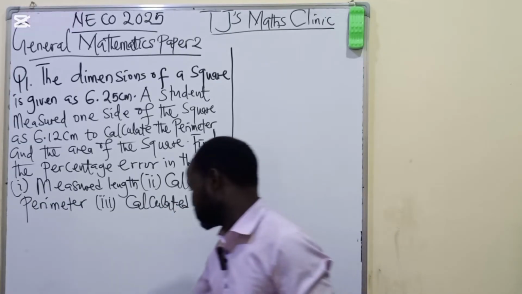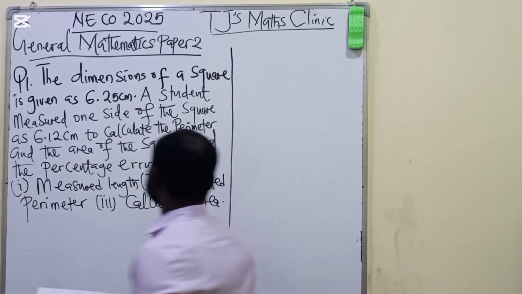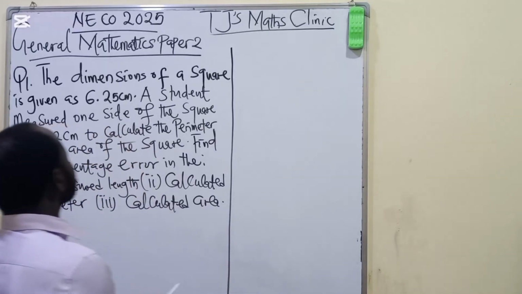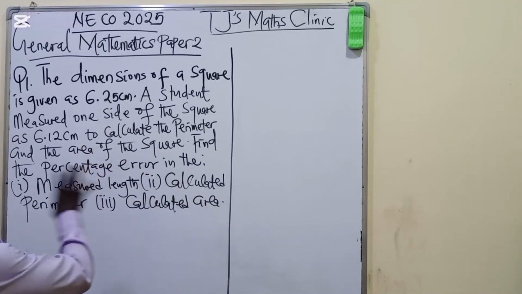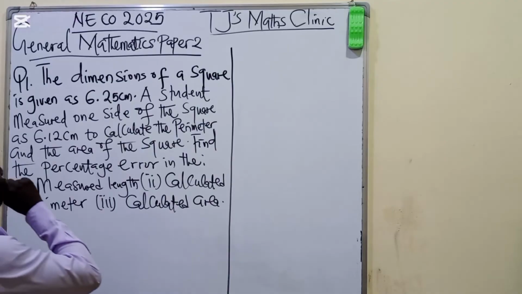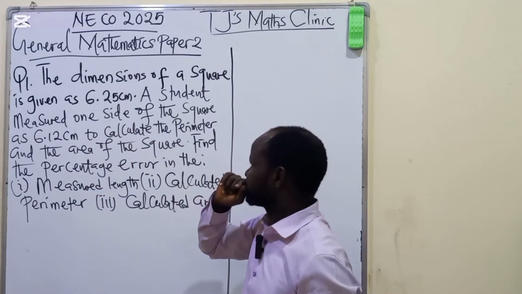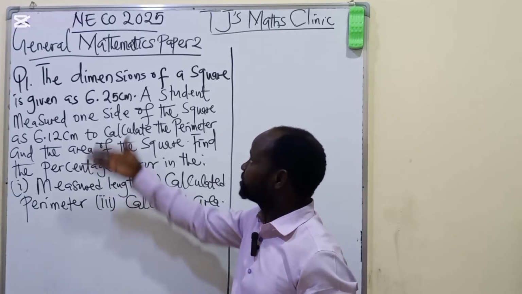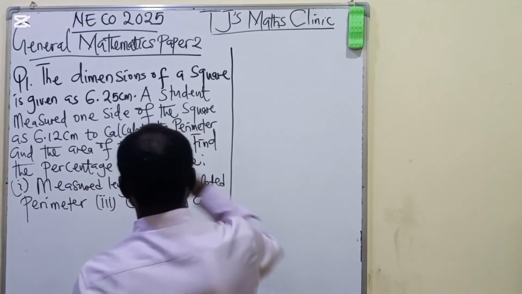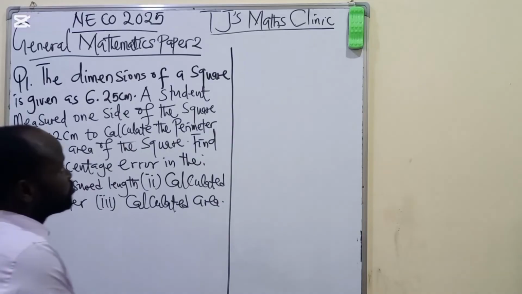Let's consider this question. Very important. We have to first of all understand what is given from the question. The actual length of the square is given as 6.25 cm and the measured length is given as 6.12 centimeter.